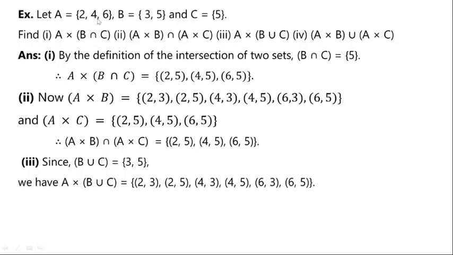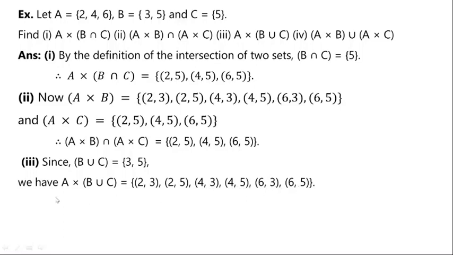Next, the second element of A relates with the first element of B union C, the second element of A relates with the second element of B union C, and so on. So we get ordered pairs of the form (2, 3), (2, 5), (4, 3), (4, 5), (6, 3) and (6, 5).